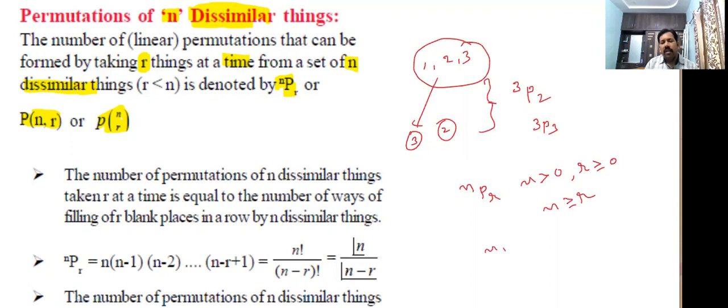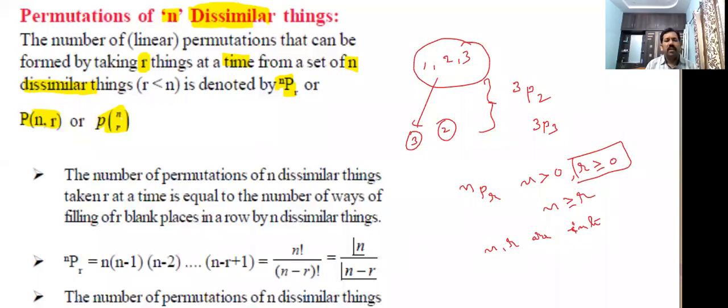So here n comma r are what? Integers. That means positive integers. Here negative is not possible. But 0 is there now. Here r equal to 0 is also possible. n is a positive integer, r is a non-negative integer.